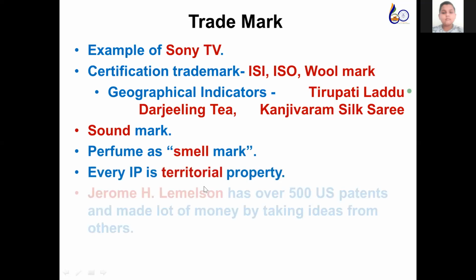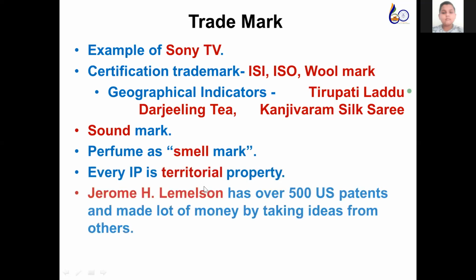Okay, एक बात मैं बोलना चाहता हूँ, एक Jerome H. Lemelson करते हैं, he is the richest person who has converted most of his patents into money. Okay, he has got around 500 patents and he has sold many patents to the companies and he has made lots of crores of money.